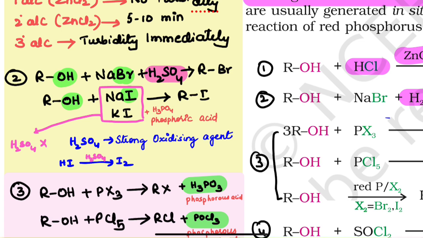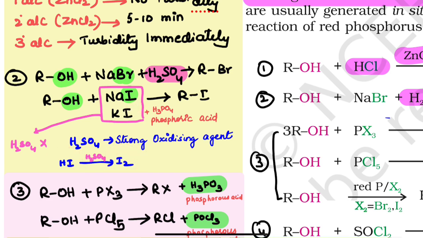Here the question can be asked, why is sulfuric acid not used here, and instead we are using phosphoric acid? See, the reason I have also written. Sulfuric acid is not used because it is a strong oxidizing agent. It will convert the hydrogen iodide which is formed in the reaction to iodine.